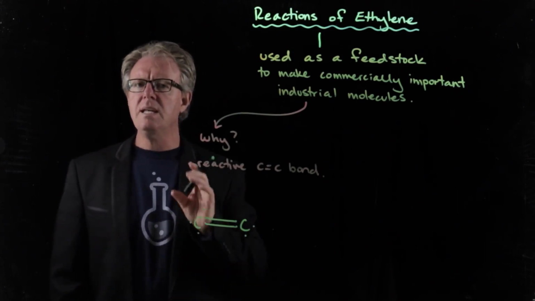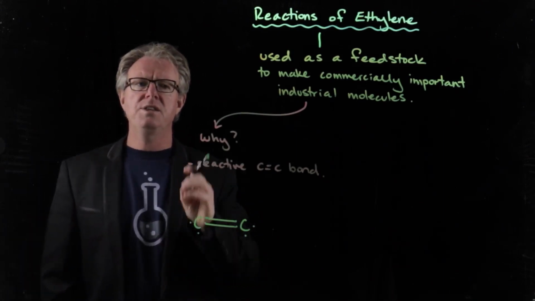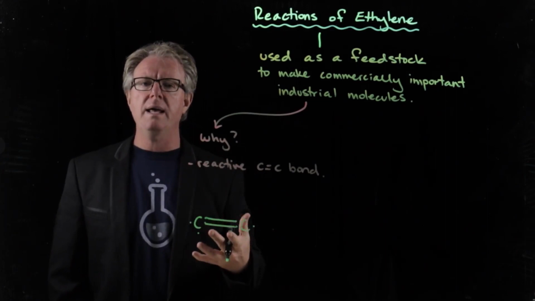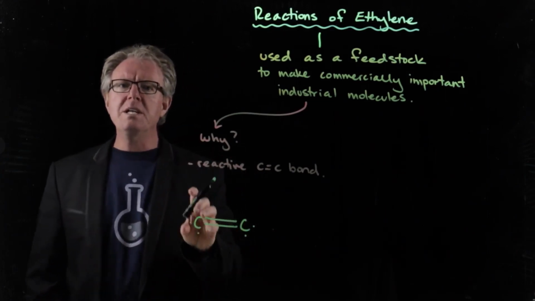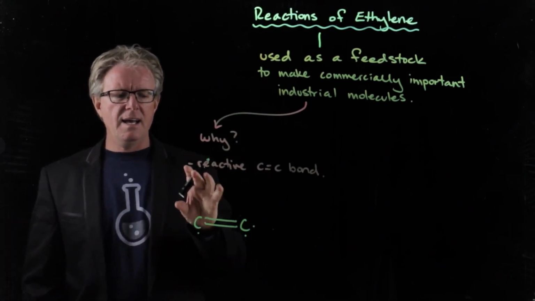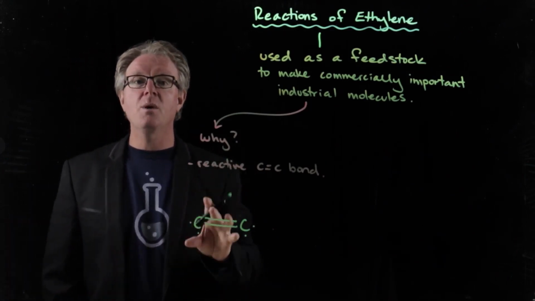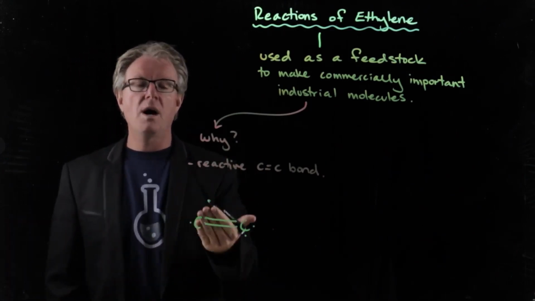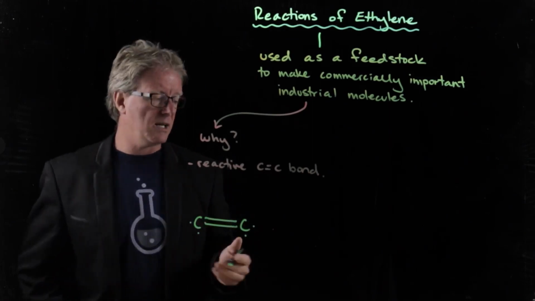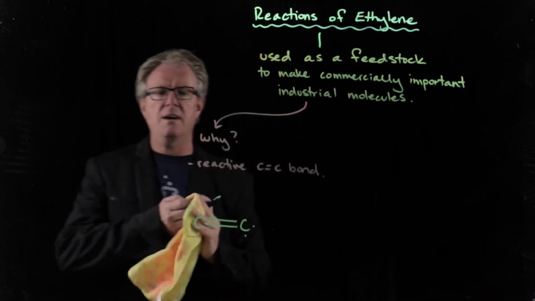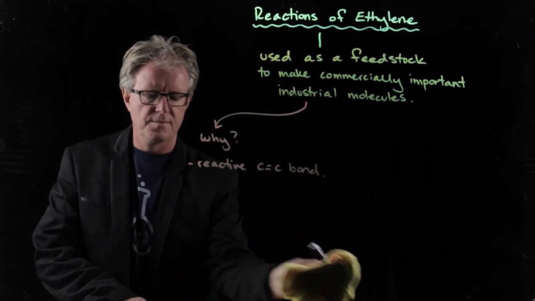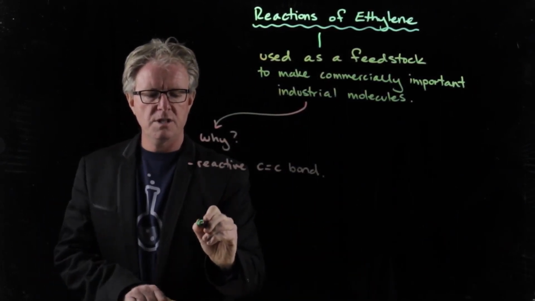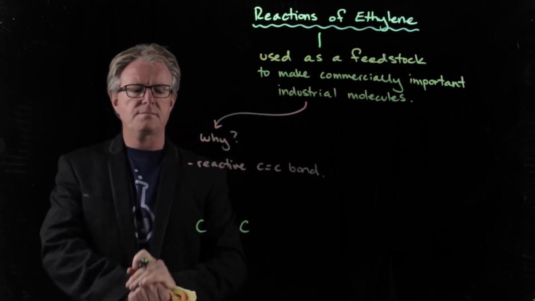Now, in chemistry there are different theories or models to explain observations, and there are different bonding models. Here is what they think is going on to explain why the carbon-carbon double bond is so reactive. So let's rub this out for a second and draw it in, carbon, carbon.